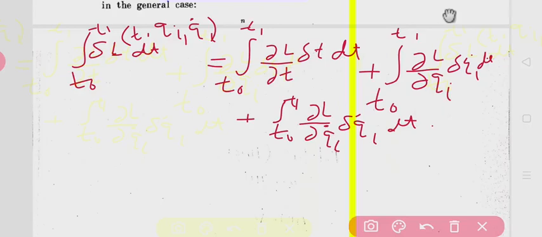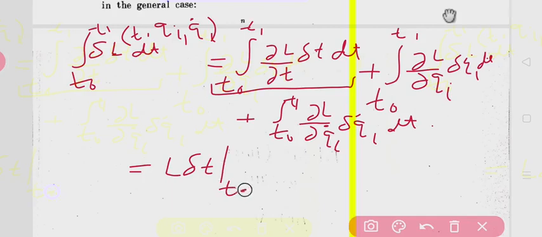When you do the integration of the first term, L dt, the integral is just L delta t, with integration limits t0 alpha to t1 alpha.